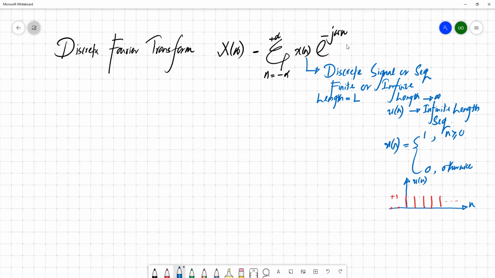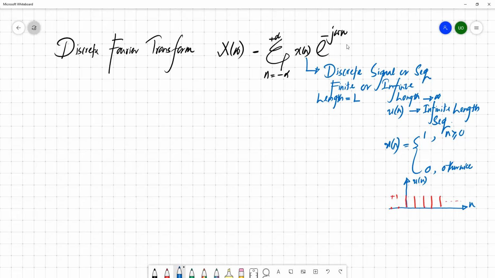The rest of the sequences we discussed previously have a finite length, or a finite number of samples, with n ranging from some minus N to plus N. If you evaluate the number of samples, it is a finite value, so those can be identified as finite length sequences.